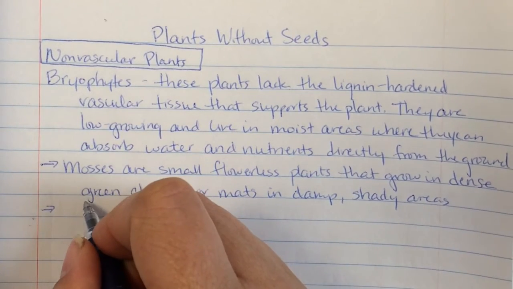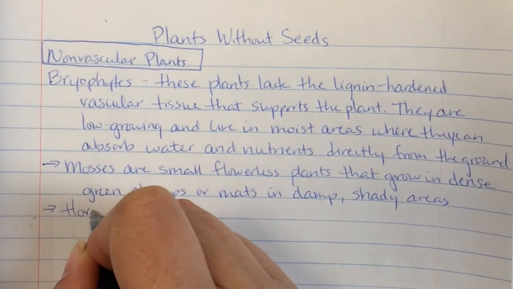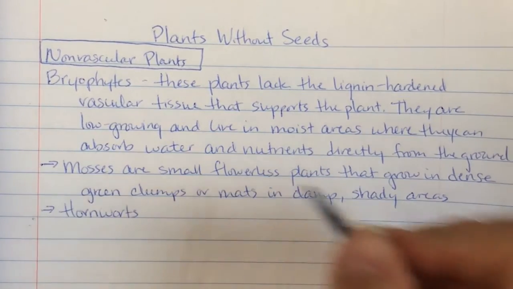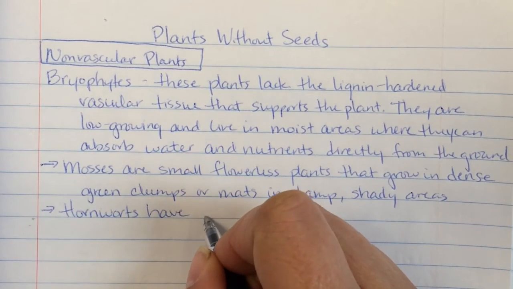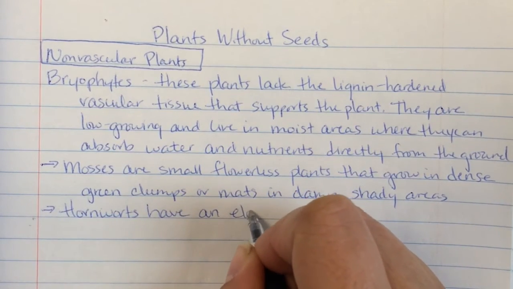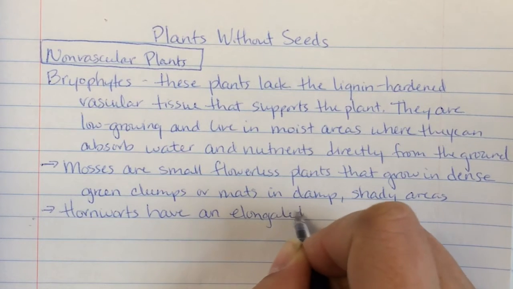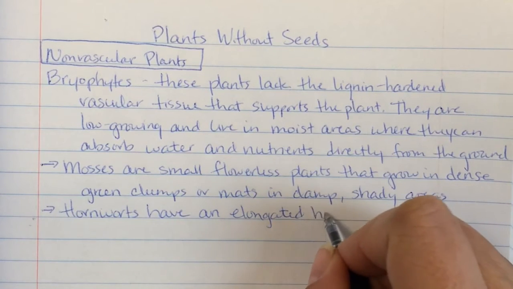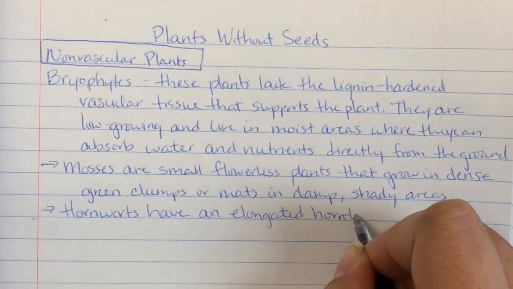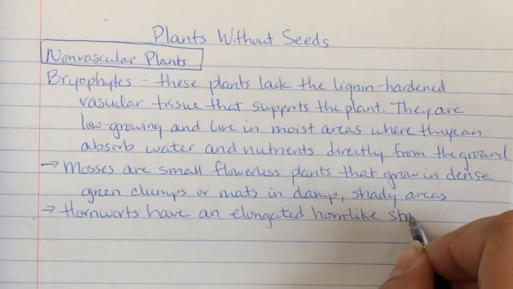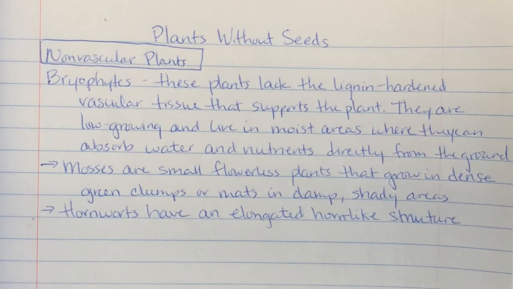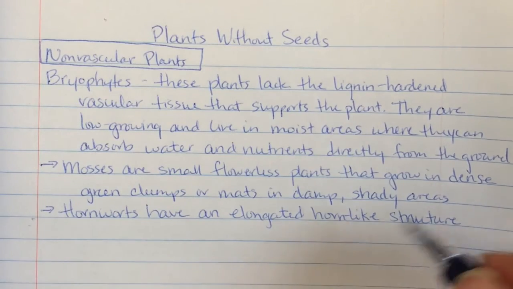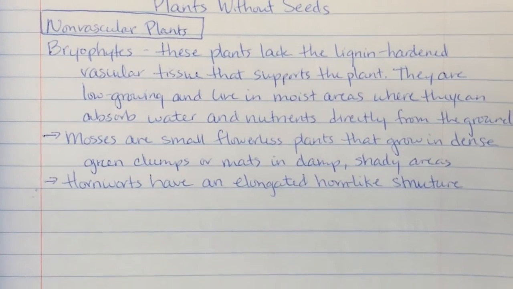Another one you may not have heard are hornworts. Sounds like something you would get at Hogwarts. These have an elongated horn-like structure. I could tell you a whole bunch more on this, but the basic is, they're very moss-like in nature, but they have a real long piece that comes off where they get their name from.